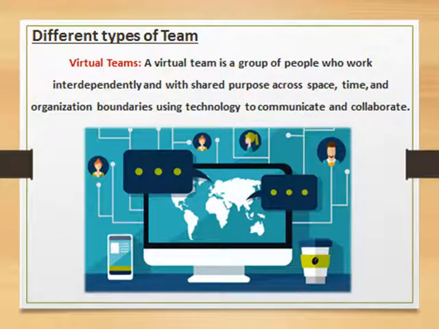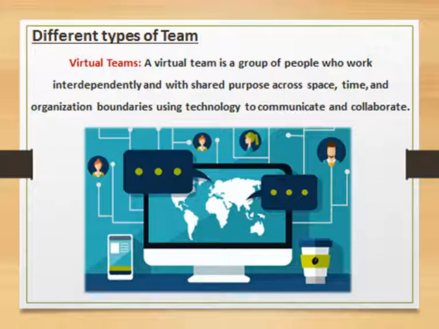And finally, we have one more team, which is called virtual teams. A virtual team is a group of people who work interdependently with a shared purpose across space, time, and organization boundaries, using technology to communicate and collaborate. What I'm now doing is virtual teamwork. Since we were not able to complete the portions we were supposed to complete within the stipulated period of time, we are doing this online, right?